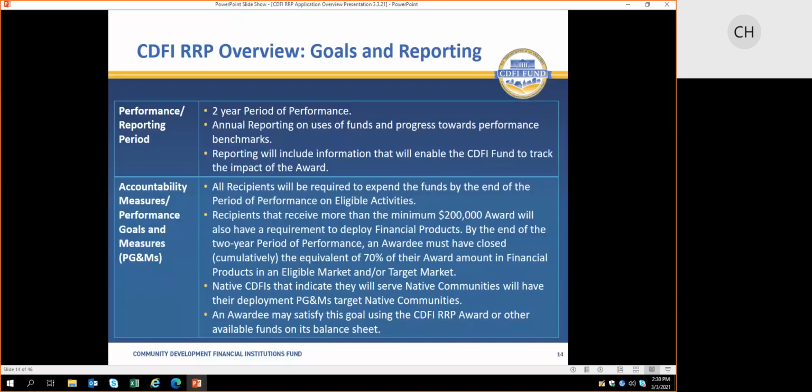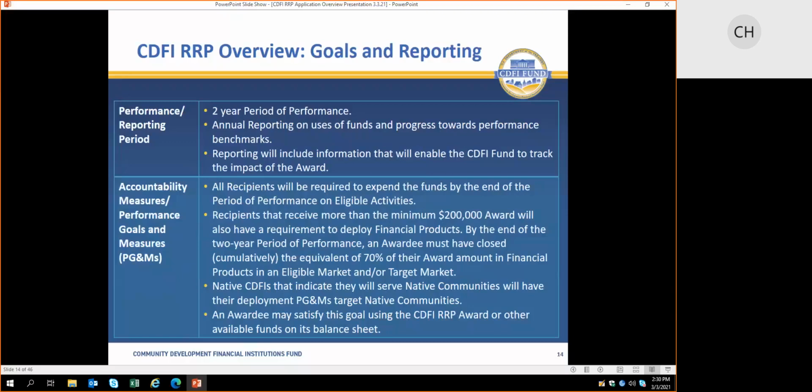So for those of you that have received FA awards or TA awards in the past couple of years, you'll be familiar with the PG&M that requires you to expend 90% of your initial payment within the first year of the period of performance and the total amount of the award by the end of the period of performance.